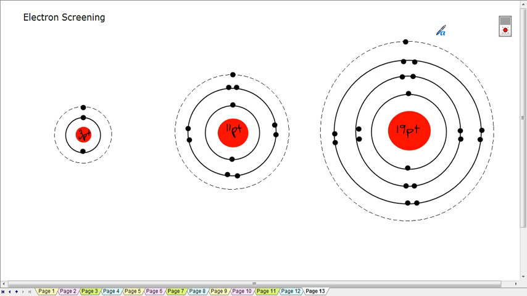Now, when it comes to electrons and protons, we need to go to our law of charges. With the law of charges, we need to know that opposites attract, likes repel.